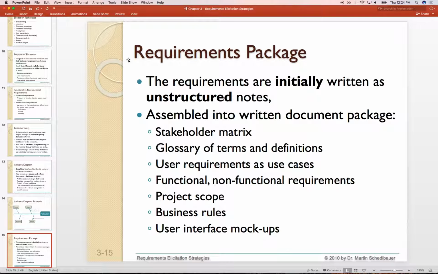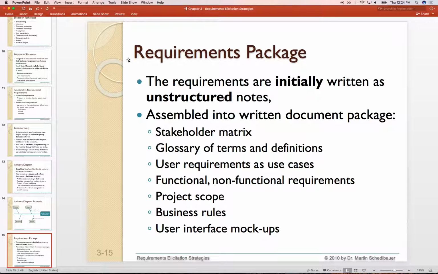You're going to be collating all these pieces of information. It might be multiple documents where you're documenting this. And the idea is that at the end of this effort, you're going to come up with a requirements package. So this is going to be one of your deliverables for the project, right?